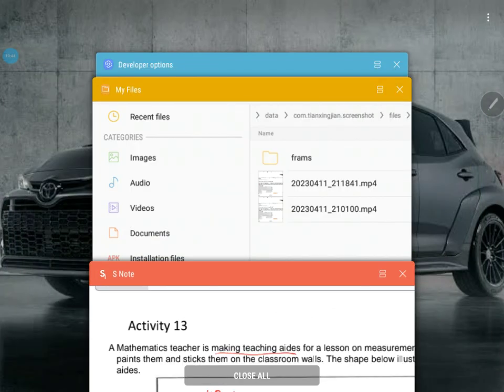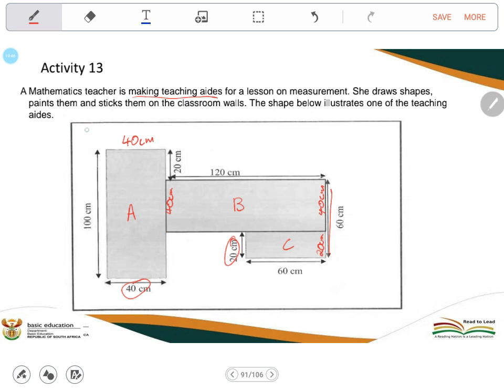This side here is 100 centimeters, which means this side is also 100 centimeters. We already have 20, 40, so we'll need another 40 to complete it to make it 100 centimeters. Now we have 60 centimeters this side, and therefore this side will also be 60 centimeters.